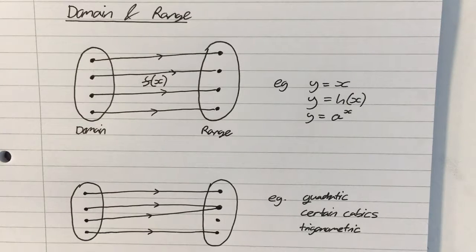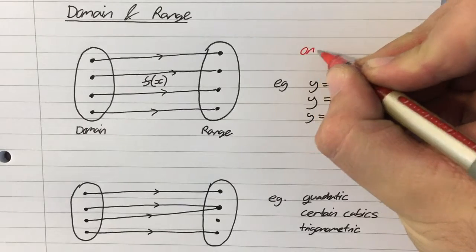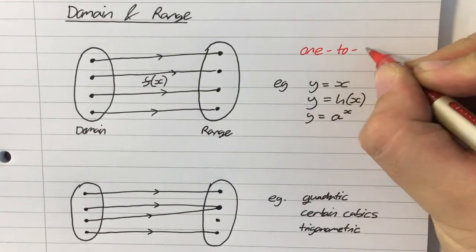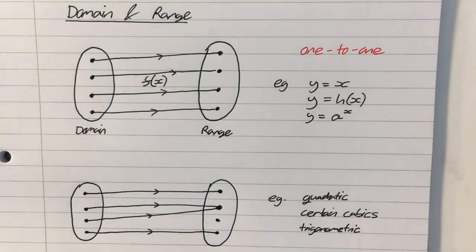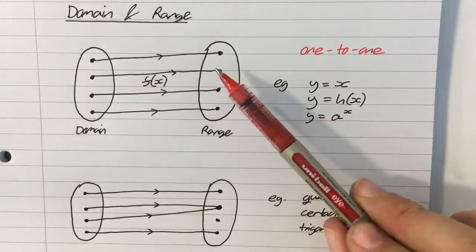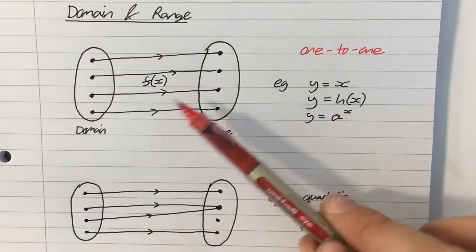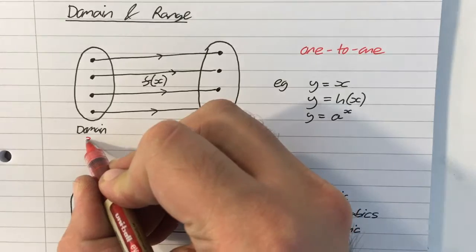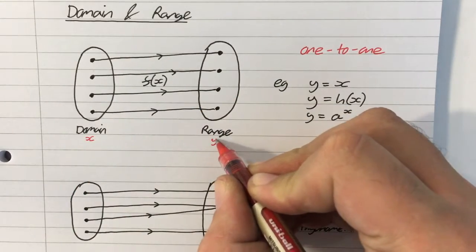Okay. And these two classes of function get a special name. This type of function is referred to as a one-to-one function. One x value goes to one y value, and it's completely unique. You could look at the domain as being the set of x and the range as the set of y, which is why I'm saying x and y.